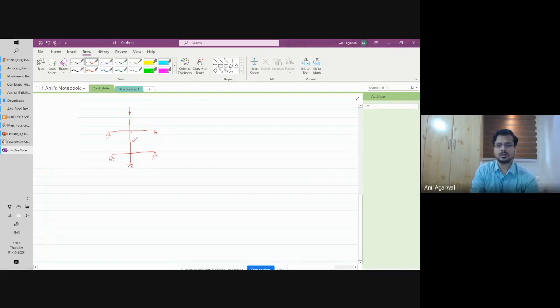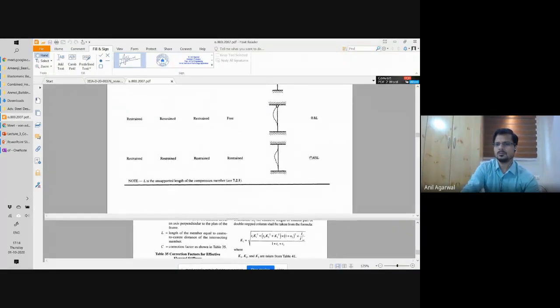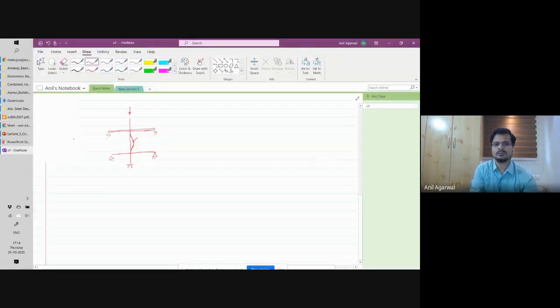Now, if these beams are absolutely rigid, very stiff, then they can make the column go this way. Then you can design the column as a fixed-end column and take the K value accordingly. The K value for that is almost 0.65 in the Indian code. So 0.65 L you can take, but for that the beams have to be very, very rigid.